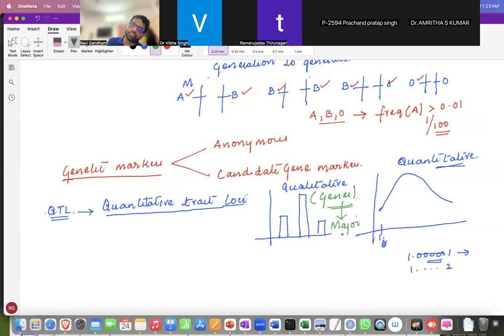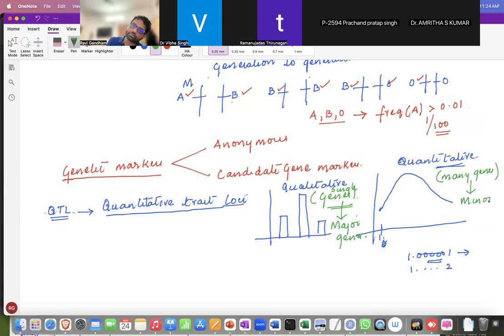A quantitative trait is also defined by genes, but this is defined by a single gene, whereas that is defined by many genes, and all of these genes have got minor effects.